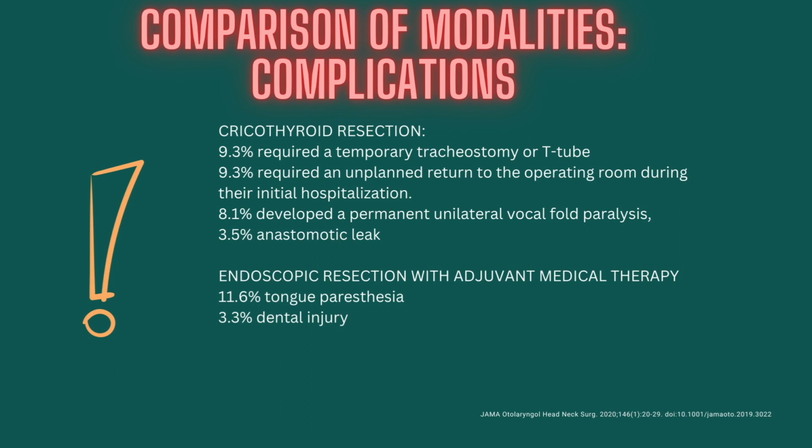For the group of endoscopic resection with adjuvant medical therapy, there are mostly just temporary complications such as tongue paresthesia or dental injury. The surgical group certainly has more complications, but it seems that those complications are potentially treatable as well and not permanent.